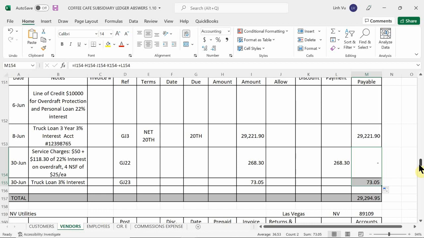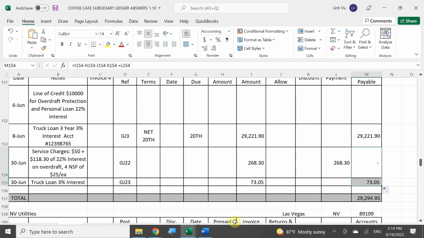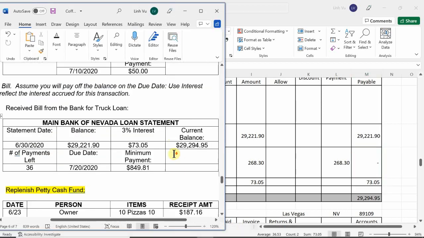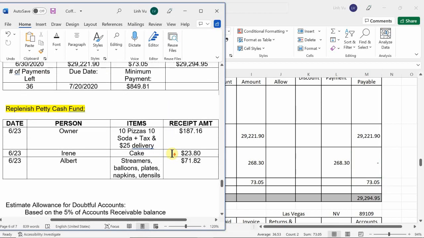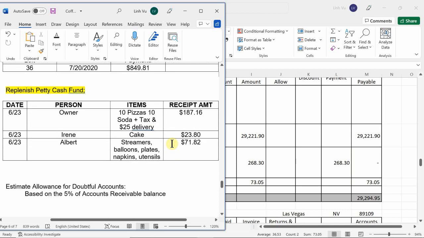That's what your bill statement says. When you make a payment to this truck loan, then it will reduce it that way. But make sure you make some kind of indication that these belong to each other. Okay? And that is it for that transaction.